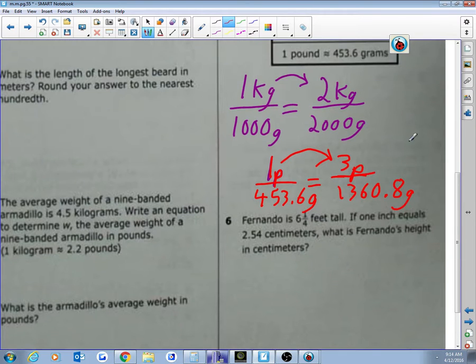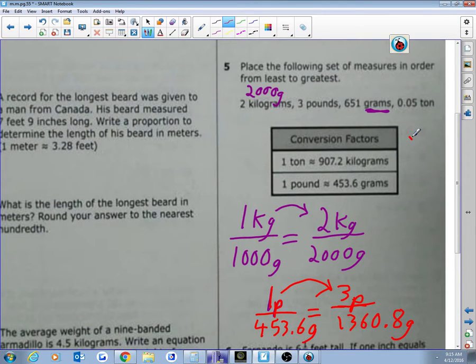So that's going to be 3 pounds. So I'm going to go up above 3 pounds and write my number of grams, 1,360.8. Okay, that's 3 pounds in grams. All right, this one we can leave alone.